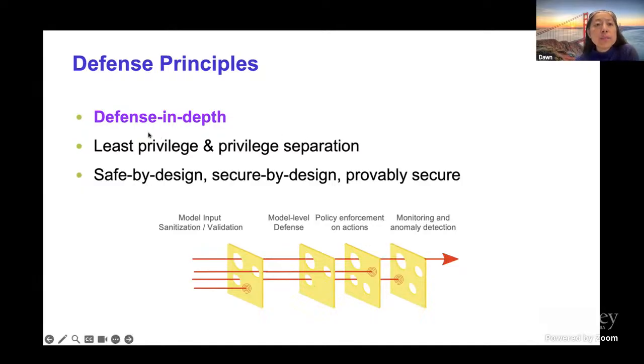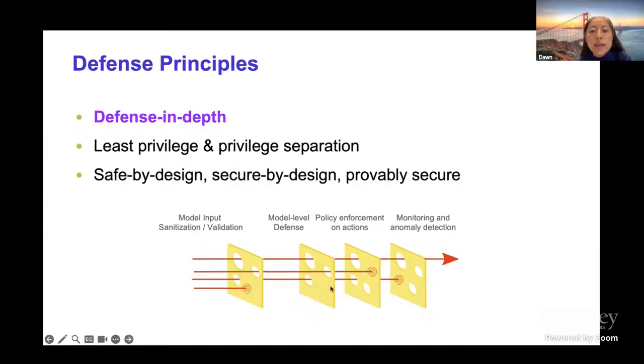The first important principle is what we call defense in depth. As we know, a system can be difficult to defend against different types of attacks and can have many different types of vulnerabilities. So in general, a good defense principle is to have layered defense, like Swiss cheese, such that even if a certain layer of defense fails, overall the defense in depth can still stop the attack at certain layers and make the attack much harder to succeed.